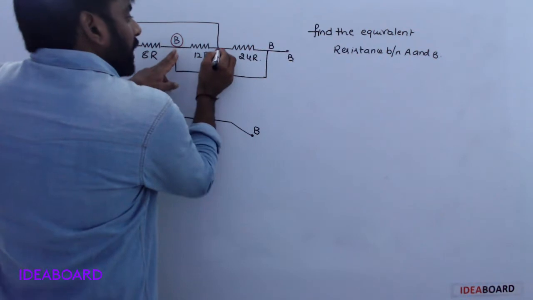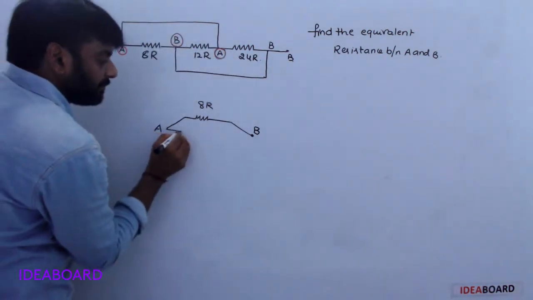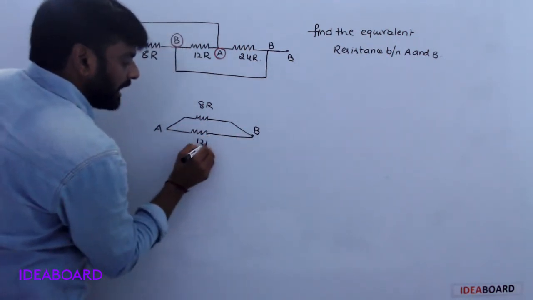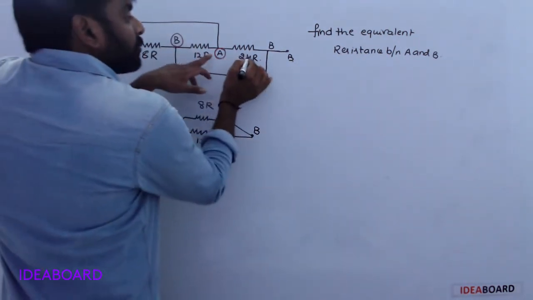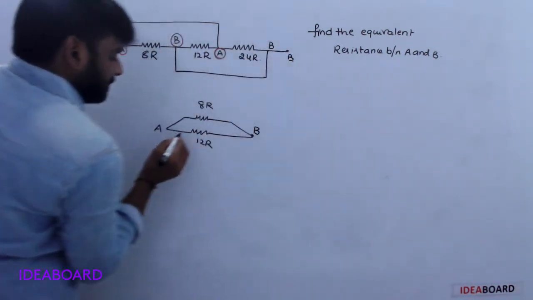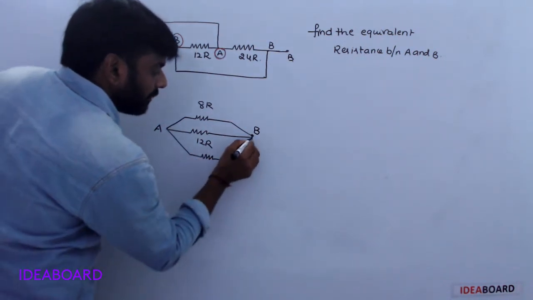Then 12R, one point is A, another point is B. Next, 24R, one point is A, another point is B.